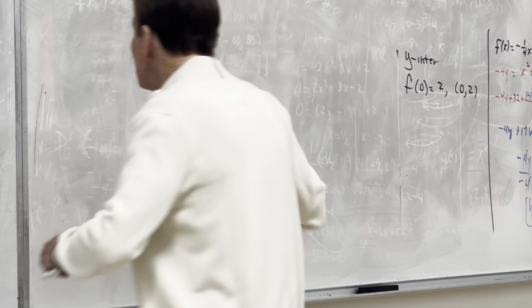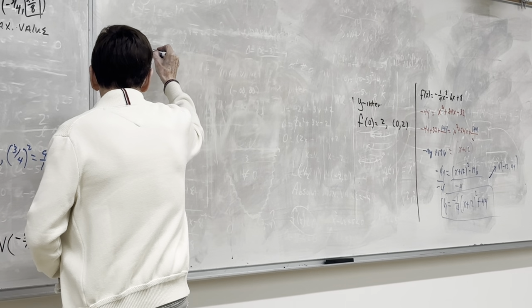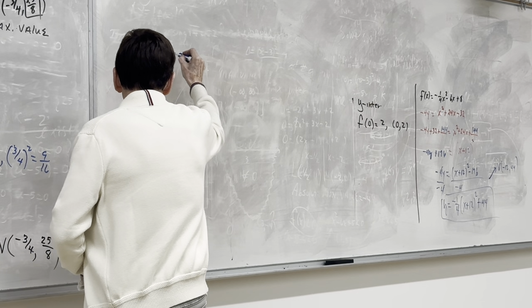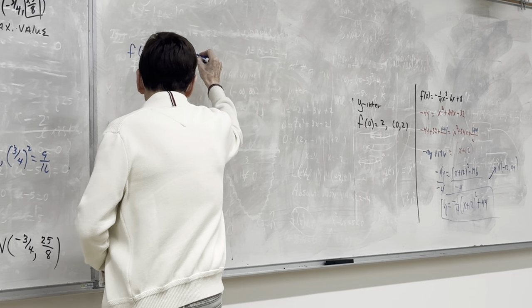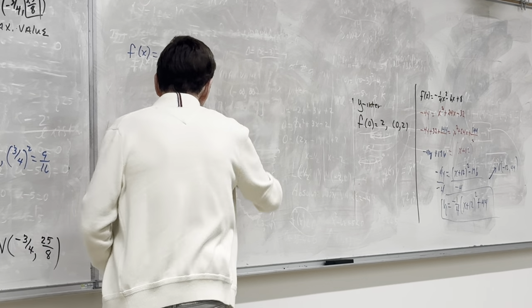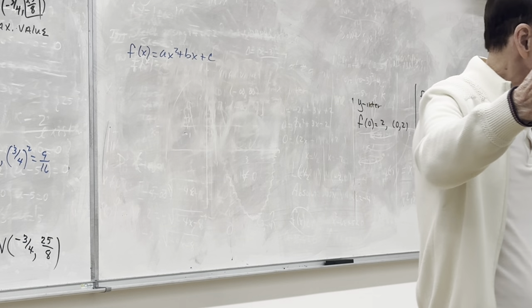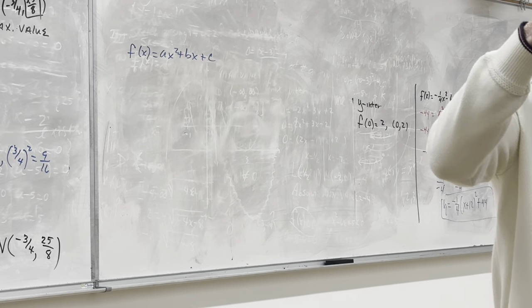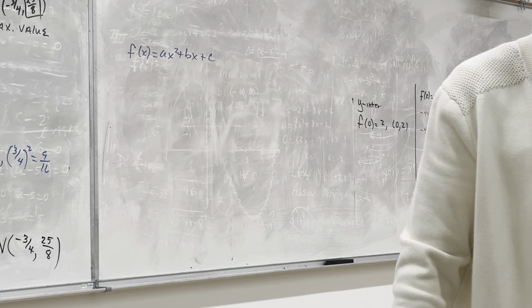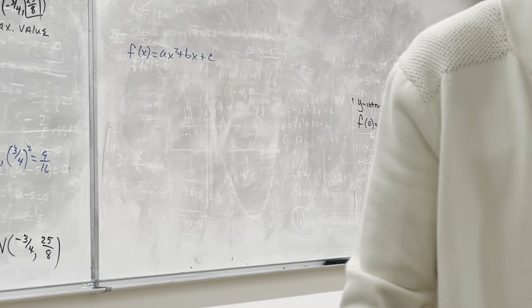Here's your function. Without numbers, I'm going to give you a standard form. All quadratics look like that: ax squared plus bx plus c.